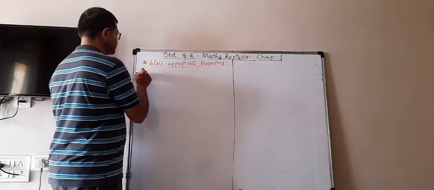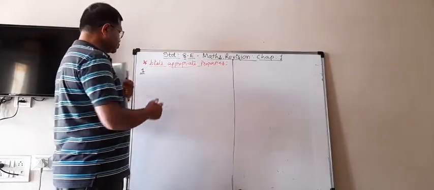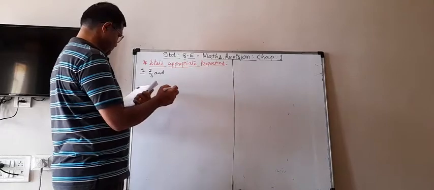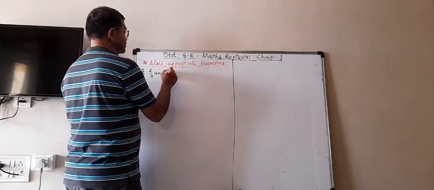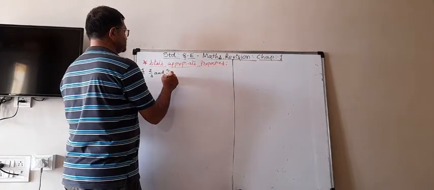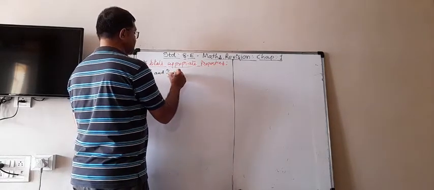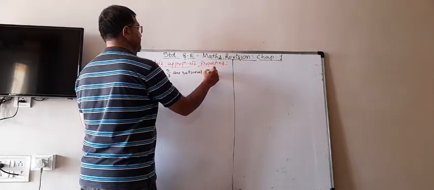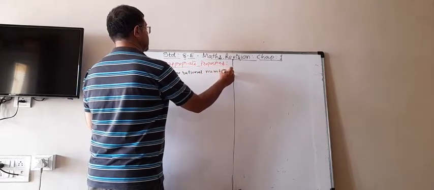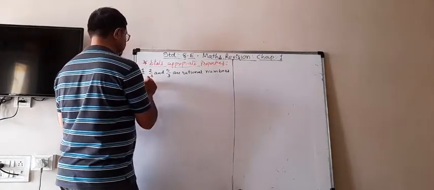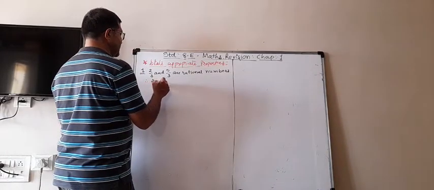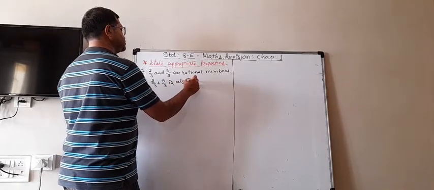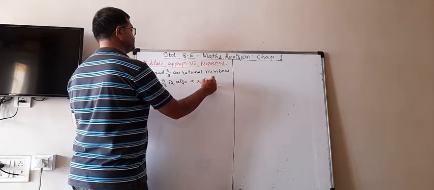First one, 2 by 3 and 5 by 3 are rational numbers. Therefore 2 by 3 plus 5 by 3 is also a rational number.